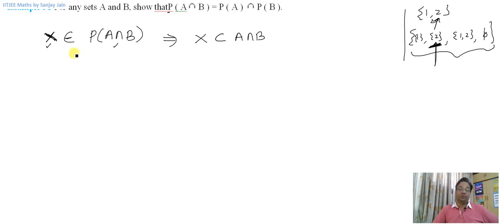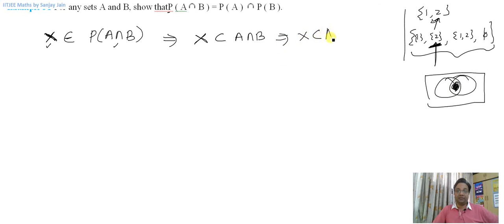I hope you understood that this capital X will be a subset of A intersection B. Now if it is a subset of A intersection B, you will appreciate that its elements lie somewhere here. So it is definitely a subset of set A, and it is a subset of set B also. This much you understood.